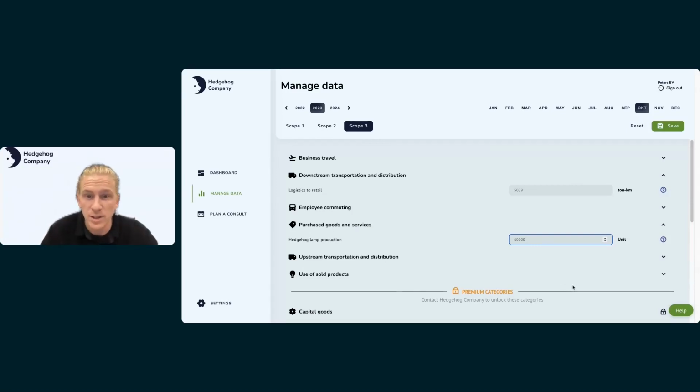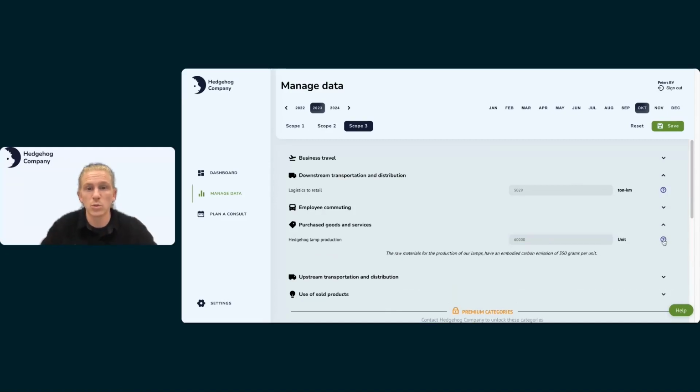As I mentioned, we have calculated via a product impact assessment what the embodied carbon emissions of our raw materials are. We came up with 350 grams per unit. So what I am filling in here is the amount of units that we have produced in our reporting period, which is October 2023.